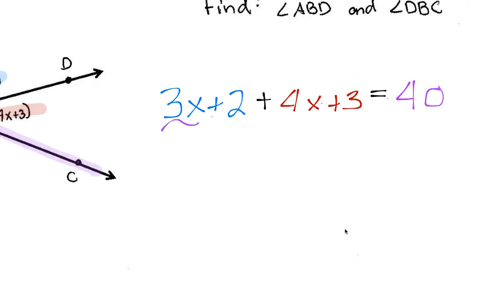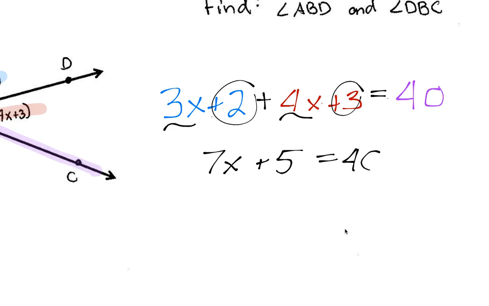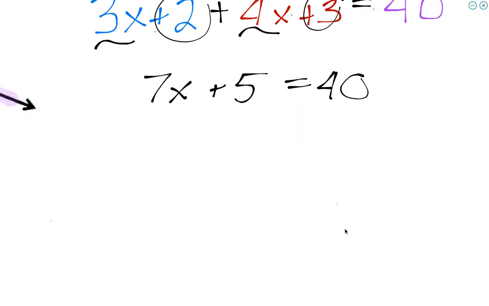Like terms, that's 7x plus 5 equals 40. 7x equals 35.